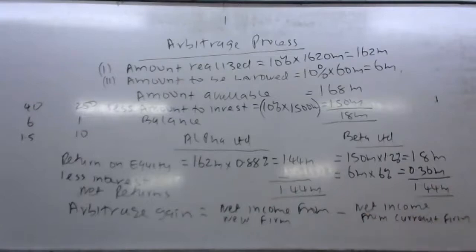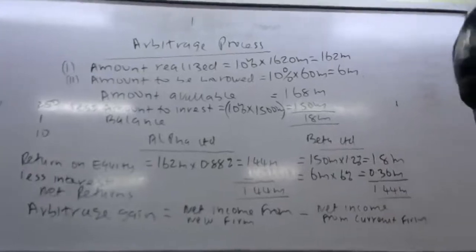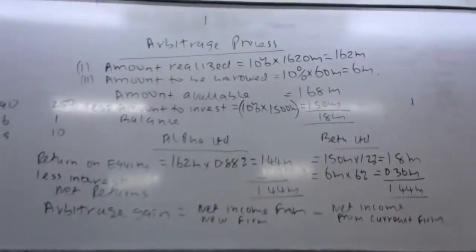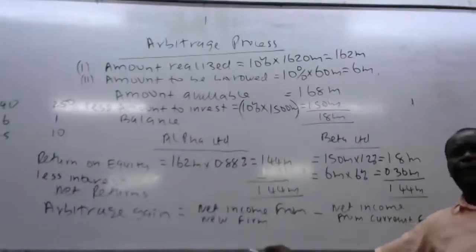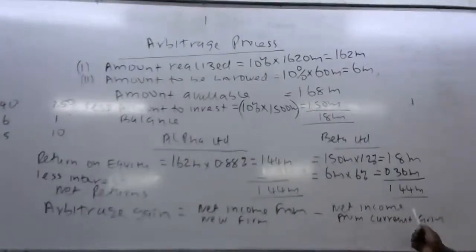So you want now to get finally, what should be the arbitrage gain? Finally, we look at the arbitrage gain. So when it comes to the arbitrage gain, finally, we shall be getting the net income from the new firm. Now we minus the net income from the current firm.